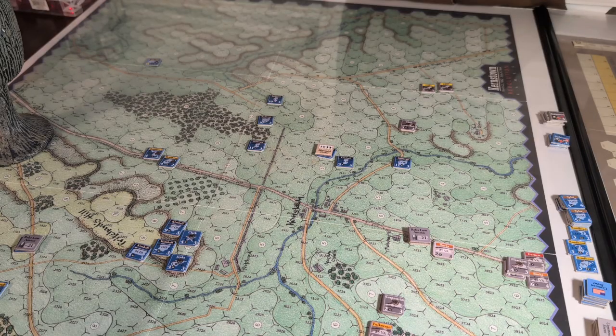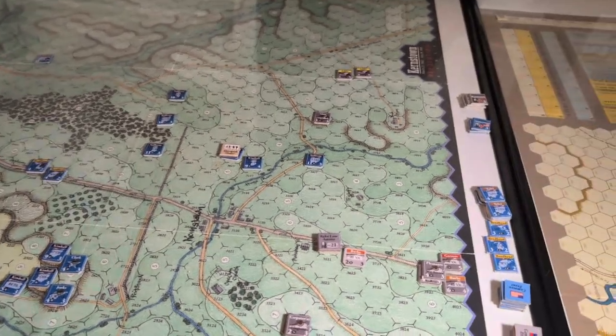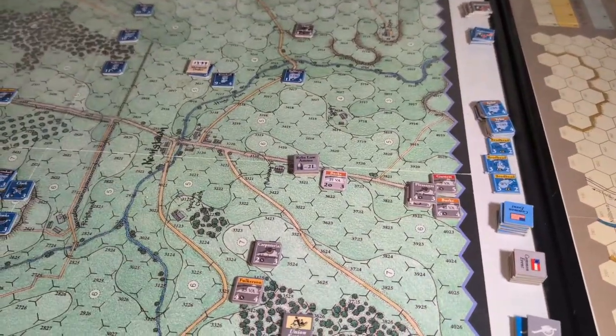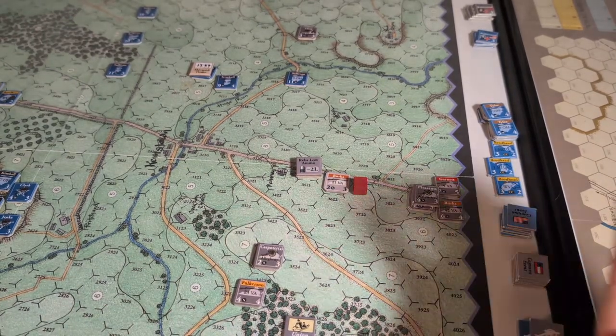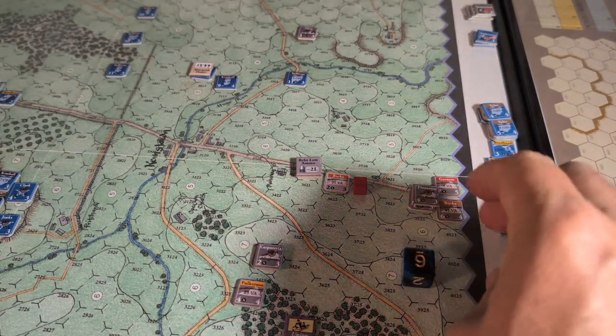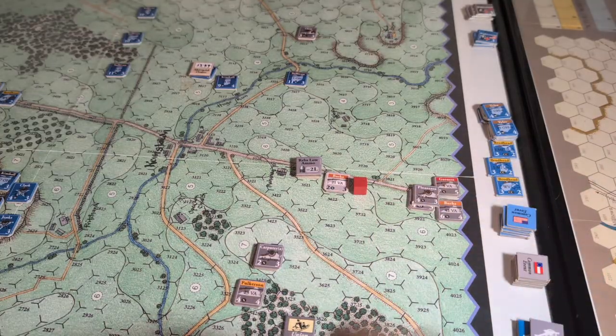All right. So you get to increase your CR by 2. So that unit would have a 5 right here. Oh, I rolled a 6. How about that? So that failed.